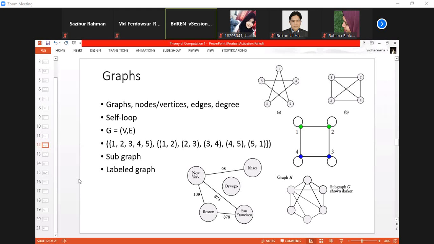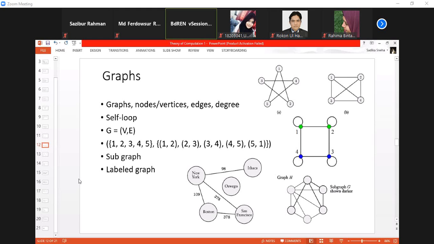These points are called nodes or vertices, and the lines that are connecting two points are known as edges.